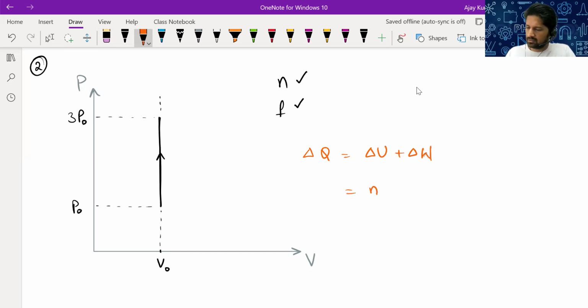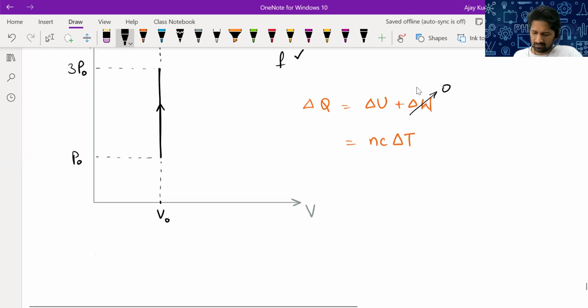Another way is to write n C delta T. Like, you have very few formulas in thermodynamics. You just have to think of which is the appropriate one to be used in a particular situation. Okay. You can do it both ways actually. Now see, clearly this is an isochoric process. Work done is 0. So whatever is the change in internal energy, the same will be the heat supplied.